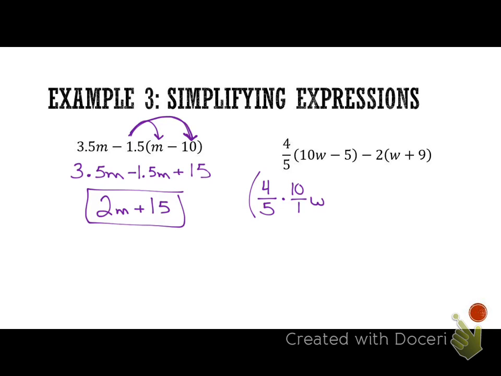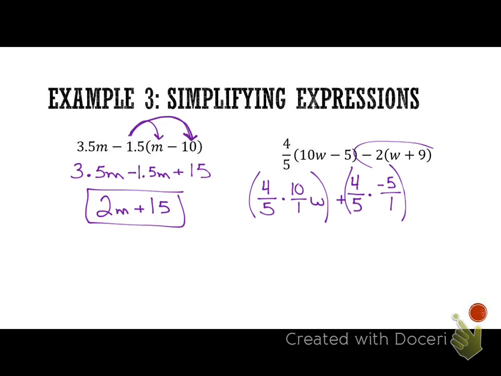You're multiplying that. Plus, because 4/5 is positive, you're going to distribute 4 over 5 times negative 5 over 1. So that's my second.